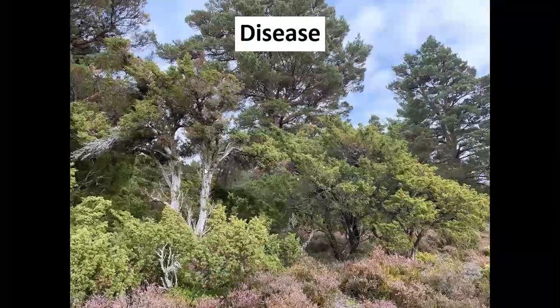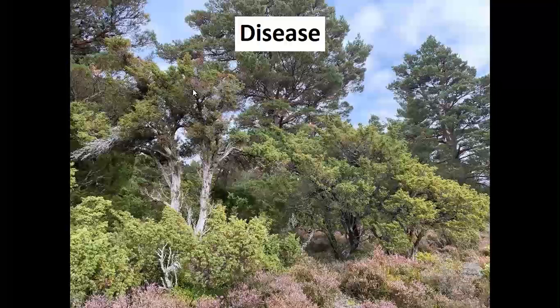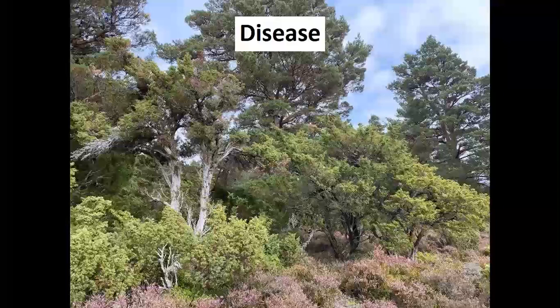Sorry, the pathogen's introduced, not the juniper. Disease can potentially be an issue. At the moment it's not so much of an issue, but there's the potential for us to introduce new tree diseases that could knock out something crucial like Scots pine. The phytophthora, thankfully, doesn't really knock out juniper, it seems. It can just cause some damage to it. But in general, juniper seems to be holding up okay.